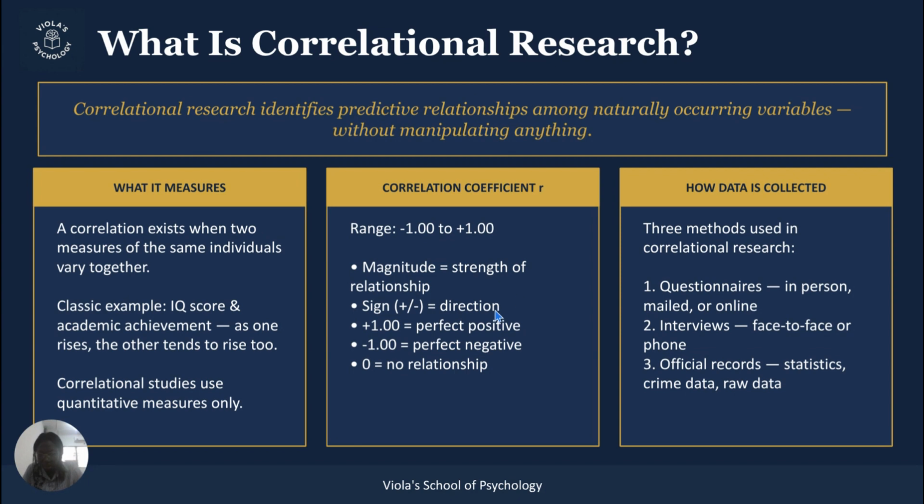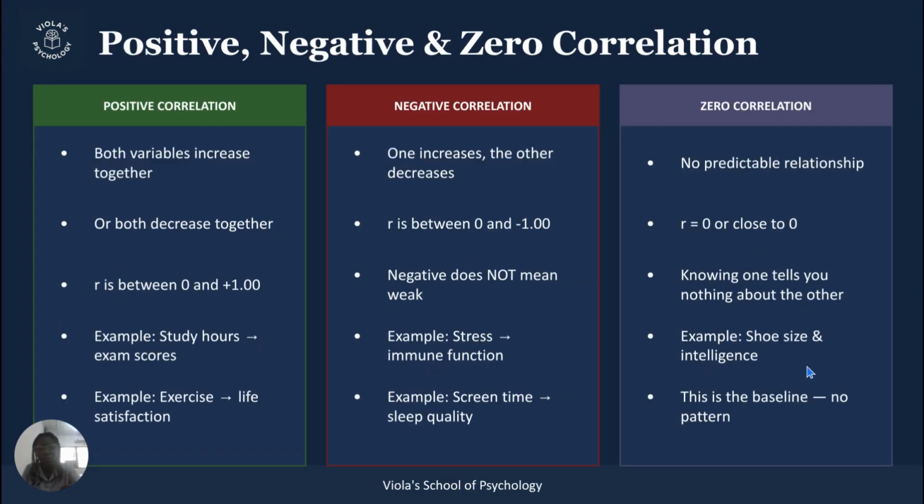The sign, which is positive or negative, tells you the direction. All data in correlational studies is collected in three ways. As we've already said, you can collect it with questionnaires, through interviews, or possibly official records. All right, so let's move on.